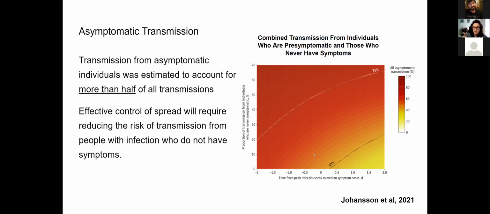Common knowledge might tell us that those are the exact same time: I feel the worst, so I'm the most infectious. But that's just not the case. As you can see, people are peak infectious before their symptoms show up. Asymptomatic people never have symptom onset, but people who are asymptomatic or pre-symptomatic account for so much more, up to like 75% of them will account for 20% of the transmission.